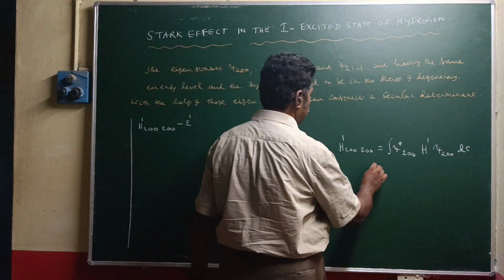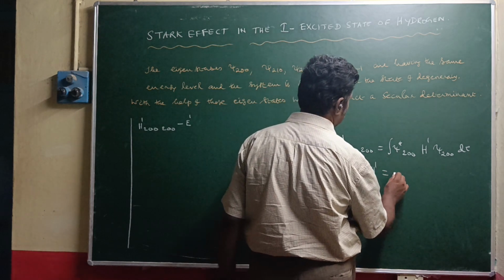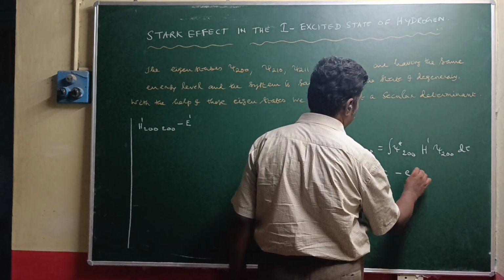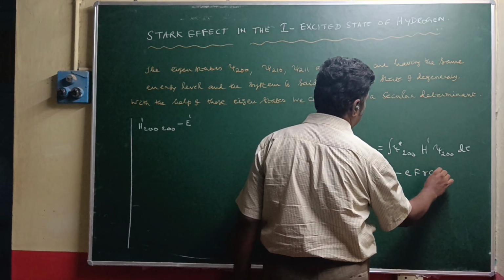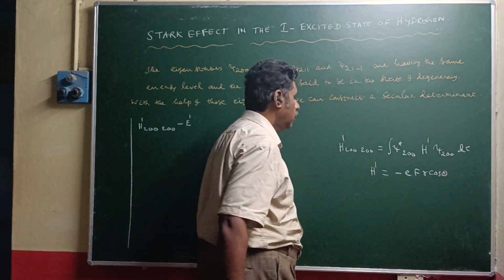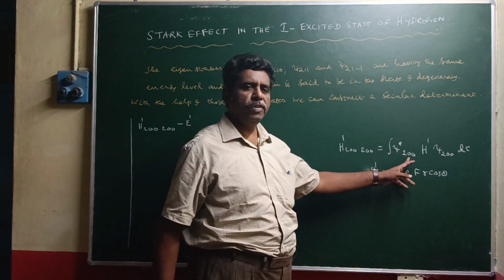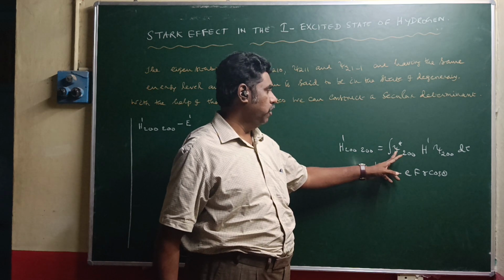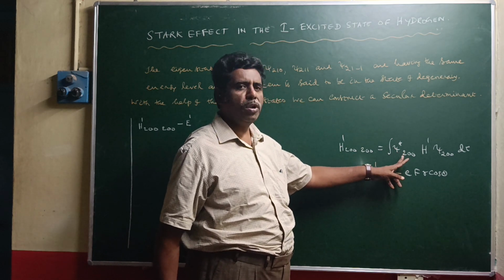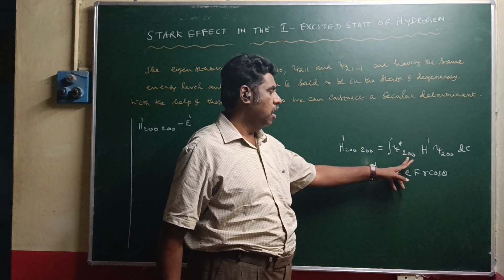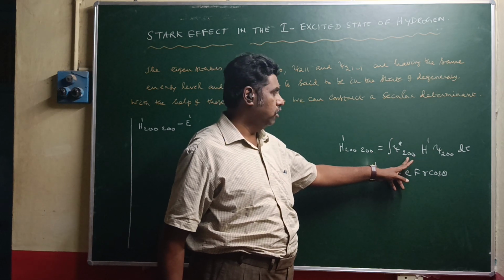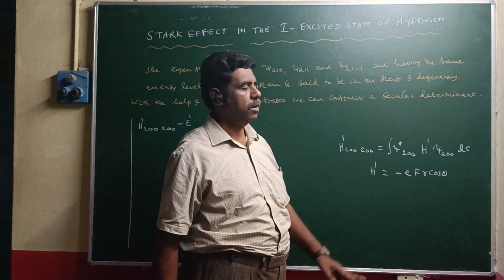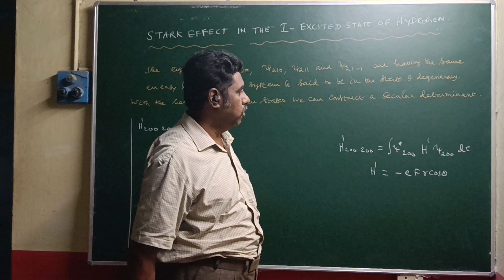Here H1 is our perturbed Hamiltonian, minus e F r cos theta. Here psi 2 0 0 stands for the wave function corresponding to the principal quantum number n equal to 2, orbital angular momentum quantum number L equal to 0 and magnetic quantum number M equal to 0.